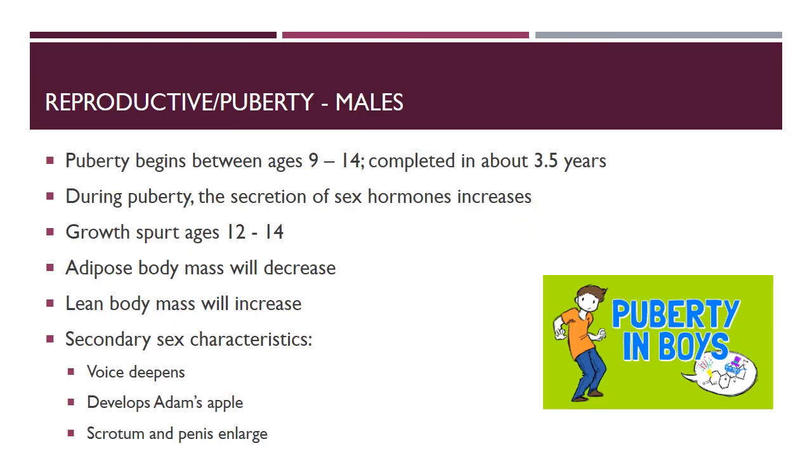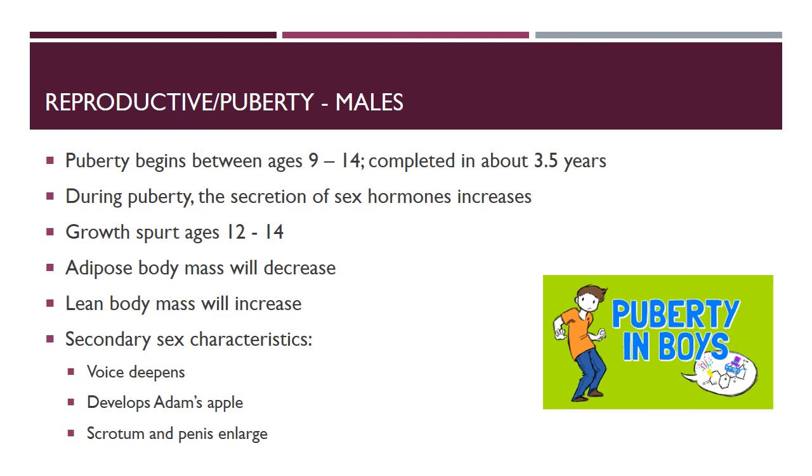Now I get into the reproductive puberty for males. Puberty begins between ages 9 and 14, and it's done in about 3.5 years. This is when the secretion of sex hormones increases. They get a little interested in those types of things. They have a growth spurt between the ages of 12 and 14.